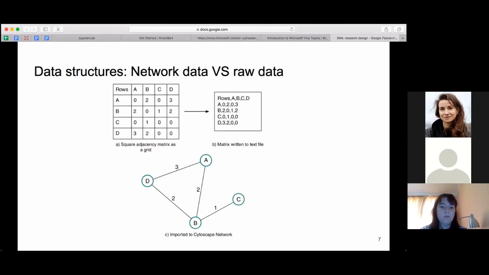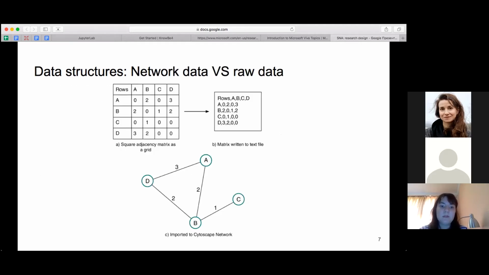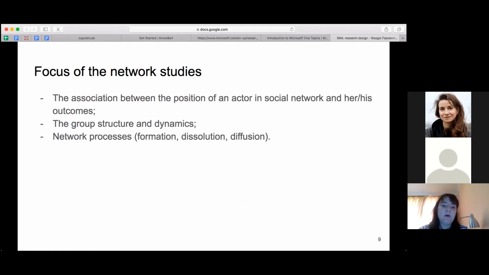So if we collect data about a network, we should collect information about the network and relationships between actors, as well as information about actors. So it makes network studies difficult, time and resource consuming, of course, but it's worth it.